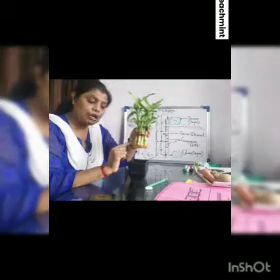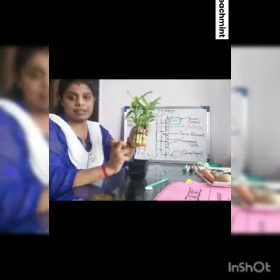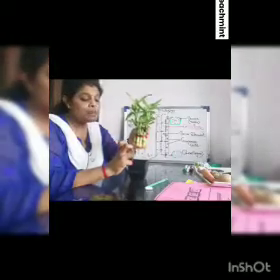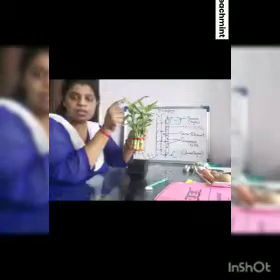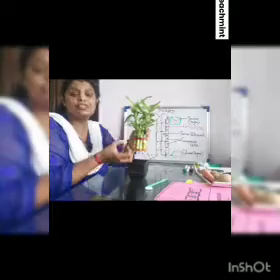So the xylem of a particular root creates pressure. Understanding? So what happens when this loss takes place through the surface of the leaf? Pressure is created by the tissue, and that pressure is exerted from the root. So that is called root pressure.